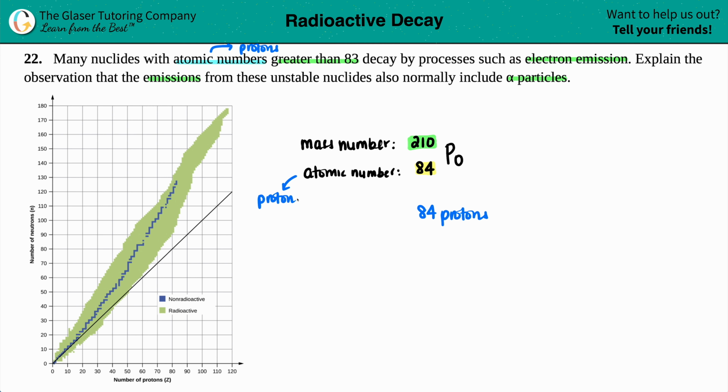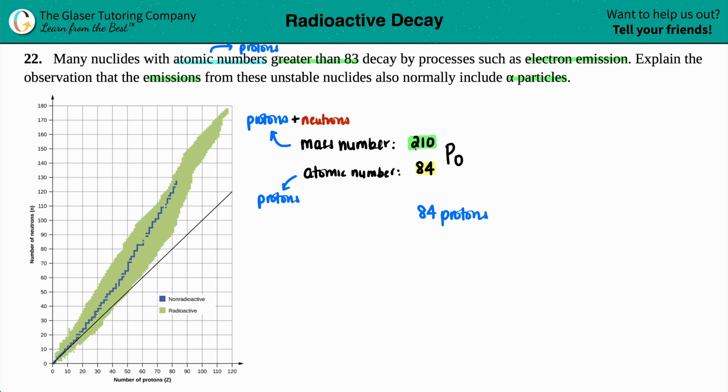And then let's find out the number of neutrons, because generally with stable and unstable nuclides, it's always about the balance between the protons and the neutrons, because those are the two subatomic particles in the nucleus. And that is what the mass number is. A mass number is the combination of how many protons and how many neutrons you have.